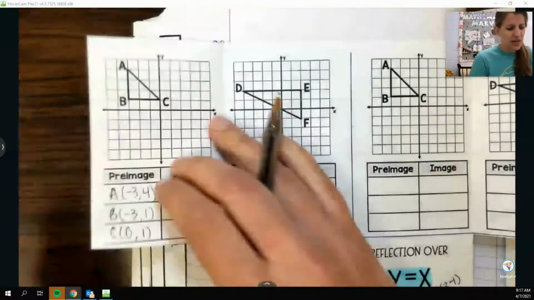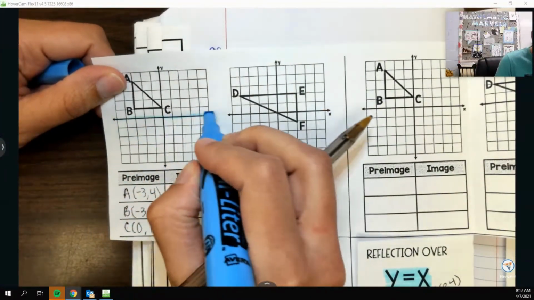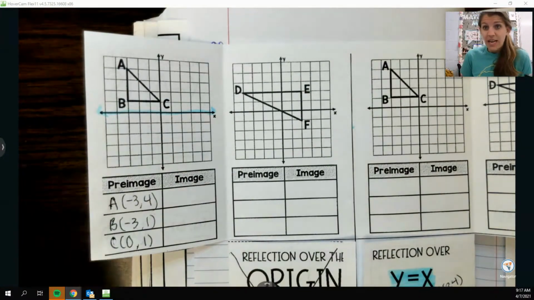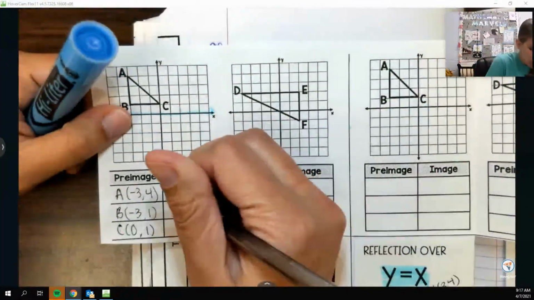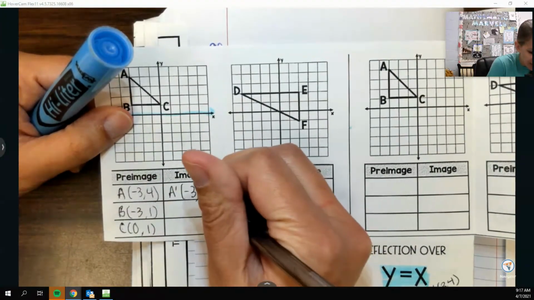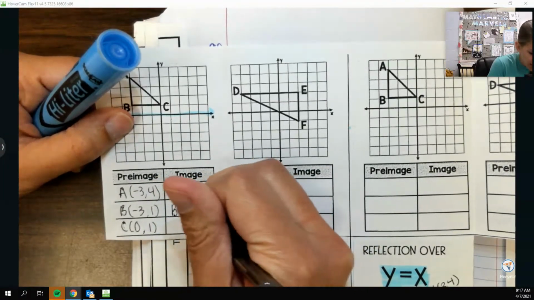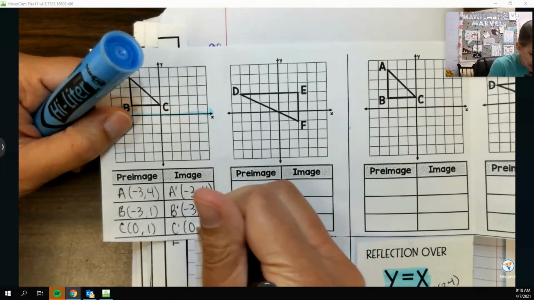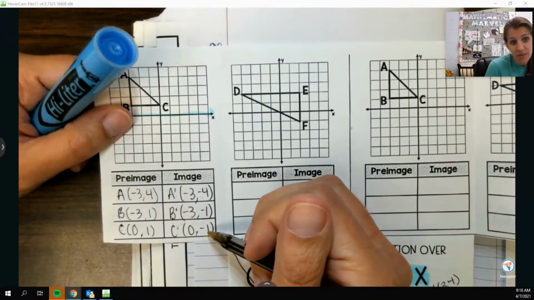Because I'm going to reflect over the x-axis on this one, I think about my ordered pairs and I'm just going to change y. So A prime will still be negative 3, but now negative 4. B prime will still be negative 3, but now negative 1. And C prime will still be 0, but now negative 1. So I just went through and I changed all the y values.